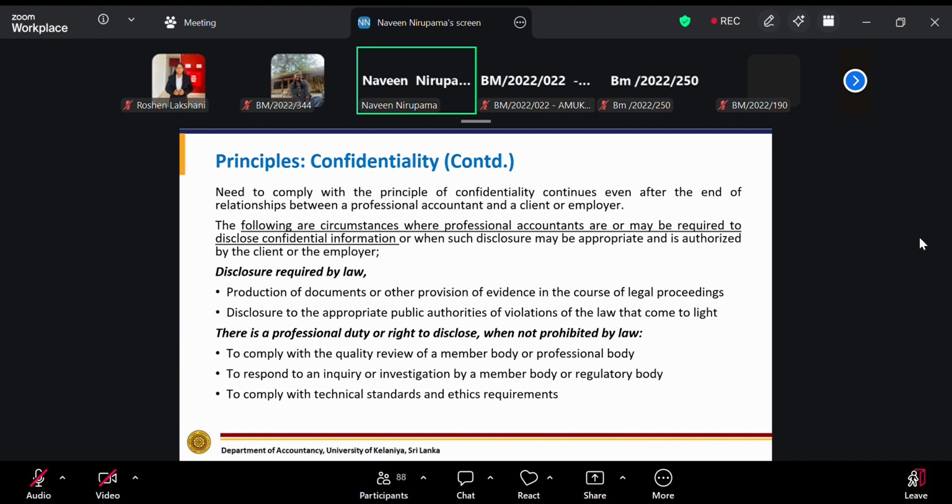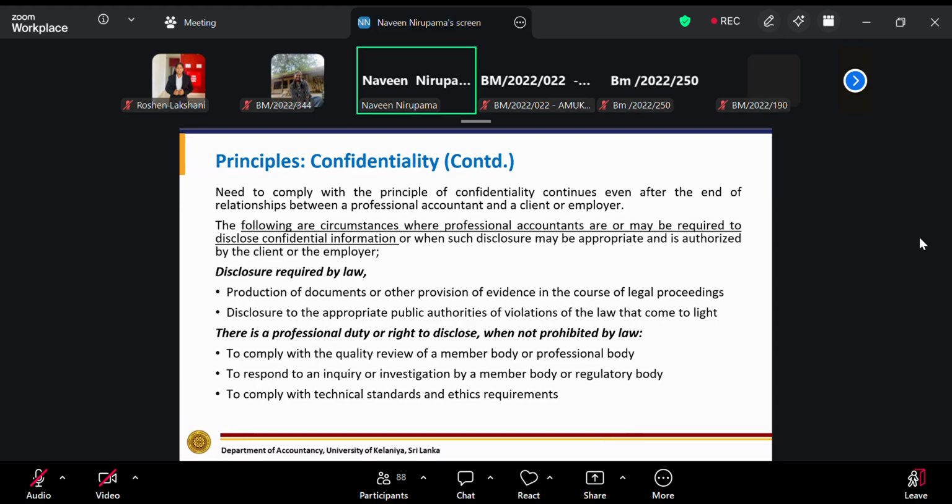If there is any agreement between the professional and the company, even though the agreement is over, the confidential information should not be disclosed to the other party.